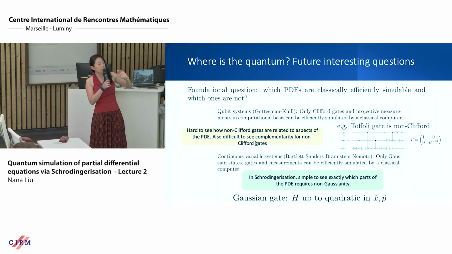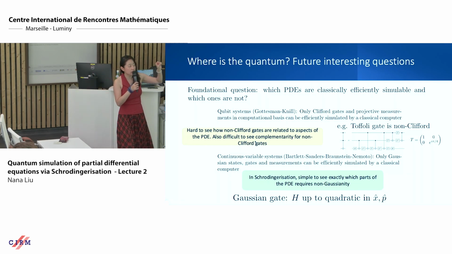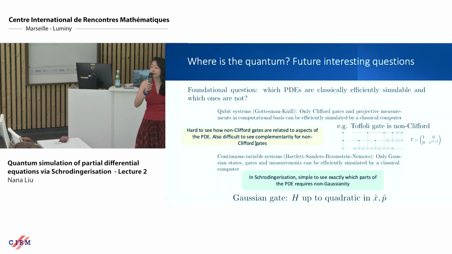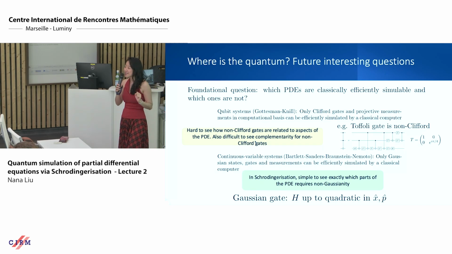On the other hand, there's a version of the Gottesman-Knill theorem for continuous variable systems, by Bartlett, Sanders, Braunstein, and Nemoto. What they say is that the corresponding classically easy operations are Gaussian operations. This is something we mentioned before.